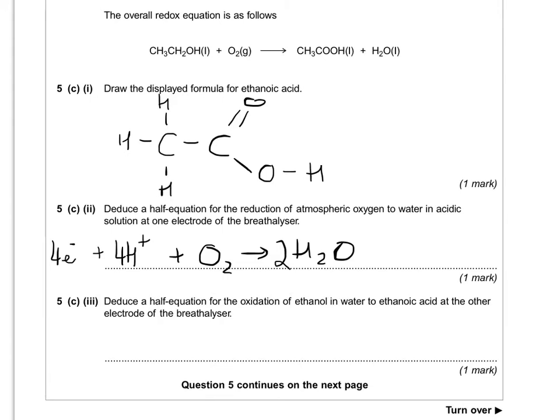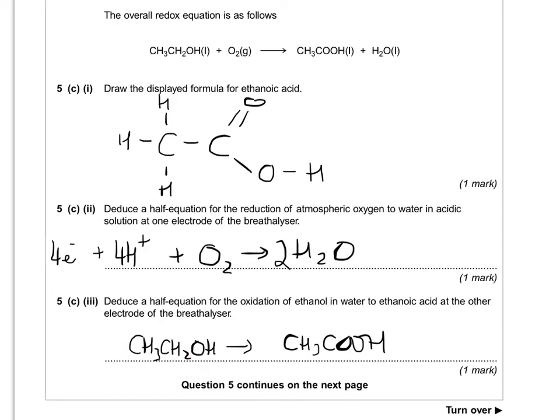And then deduce a half equation of the oxidation of ethanol in water to ethanoic acid at the other electrode of the breathalyzer. So we've got CH3CH2OH turning into CH3COOH. Balance anything that's not hydrogen or oxygen. Carbon, 1, 2, 1, 2 is already balanced. Then balance oxygens with water.